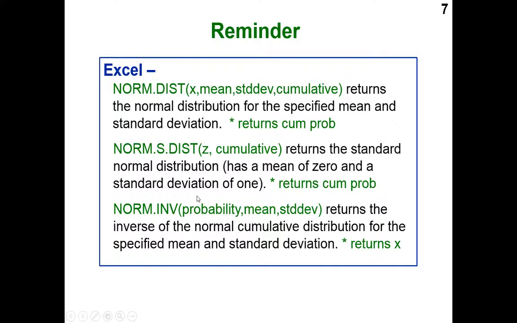The inverse, looking at it from the other angle: if you have a desired probability and a mean and a standard deviation, then this will return x. It will return the x value on that normal distribution that gives you this desired probability.